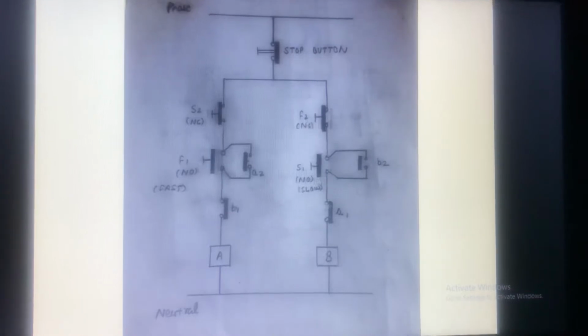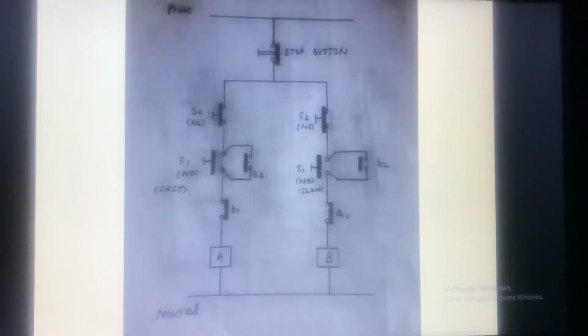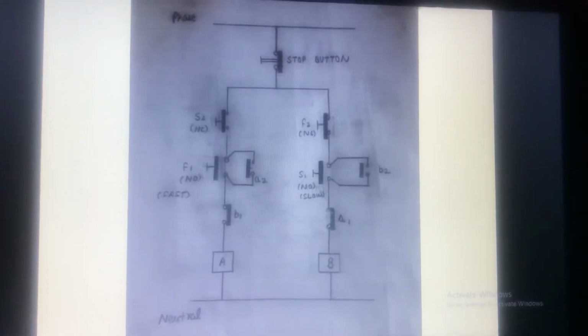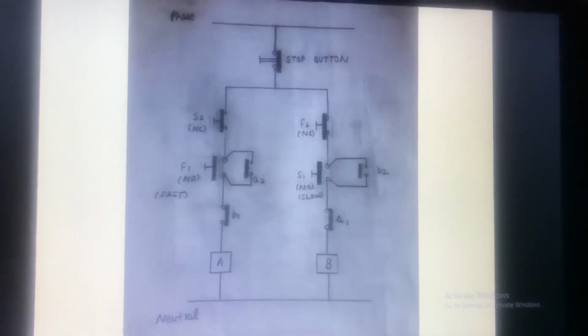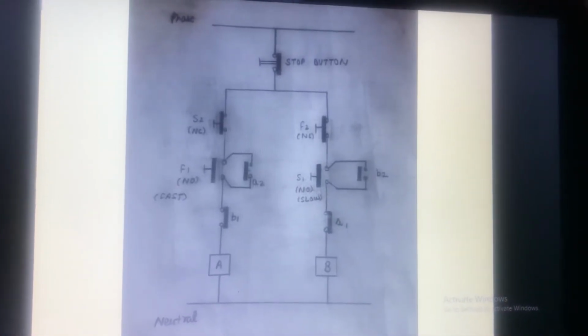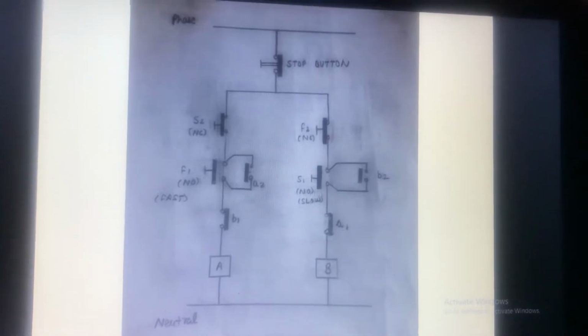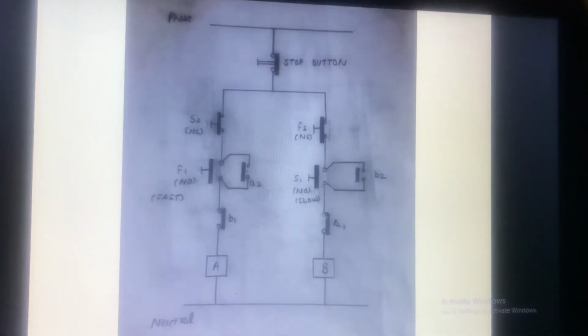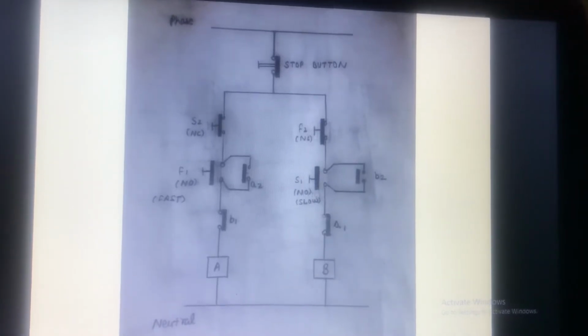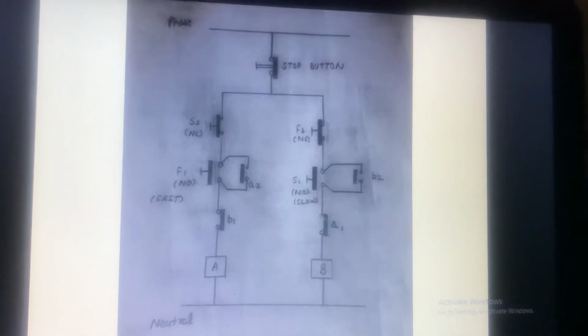Now to control the speed of a three-phase induction motor, we need to change the number of poles on the stator winding, because the synchronous speed is 120 times frequency divided by the number of poles. Synchronous speed is inversely proportional to the number of poles. This synchronous speed is of the rotating magnetic field.